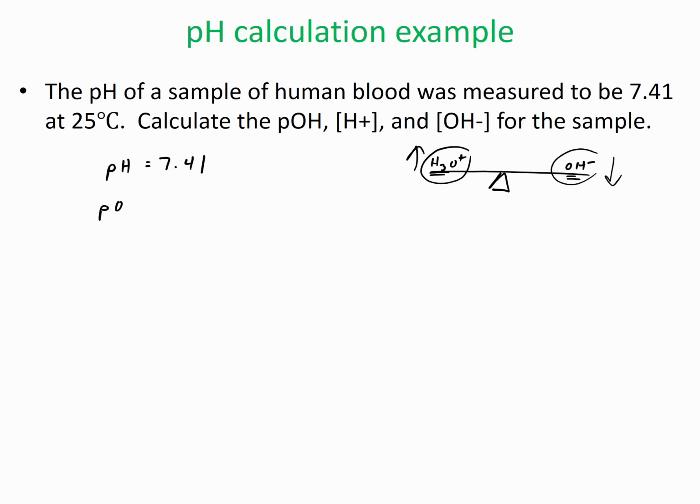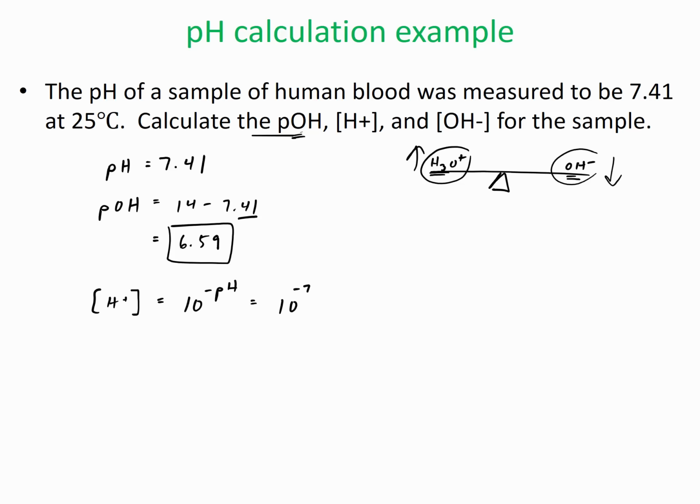So because of that, I can do this. If I want the pOH, so they asked us to calculate pOH, that would be 14 minus 7.41. For that I get 6.59, 2 decimal places. So next thing I want is H plus. This is going to be 10 to the negative pH.